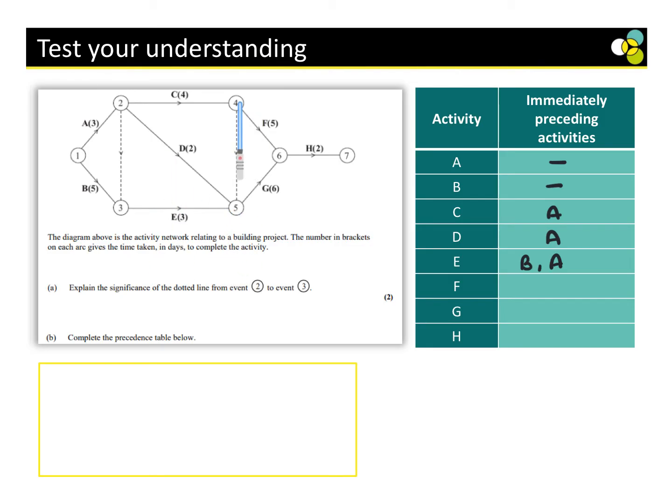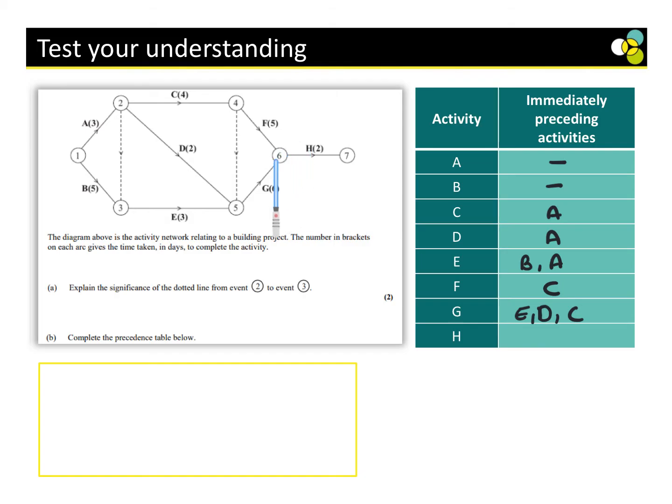Next, where is F? What does F depend on? What comes into F? C. So F is only dependent on C. What comes into G? E, D, and C. And then lastly, what is H dependent on?